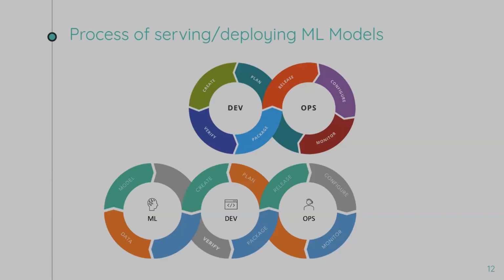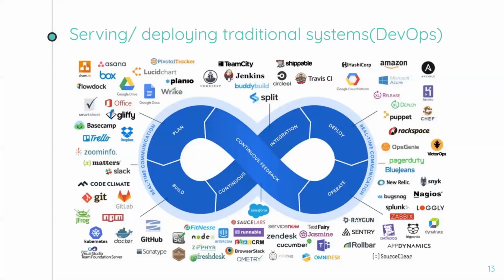The cycle becomes more complicated, and that's why most people don't deploy their machine learning models or make them usable, because it's more complex to do. In traditional machine learning we already have a lot of tools, and it's really overwhelming. Imagine adding another cycle to this, it becomes very complicated.